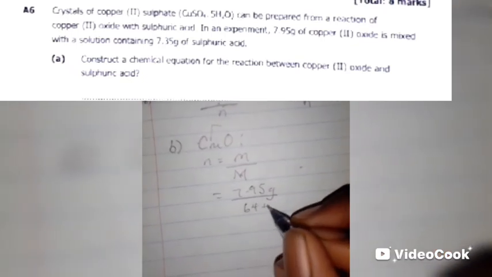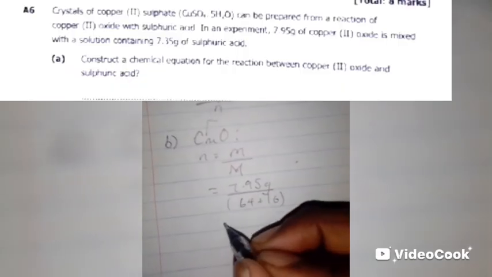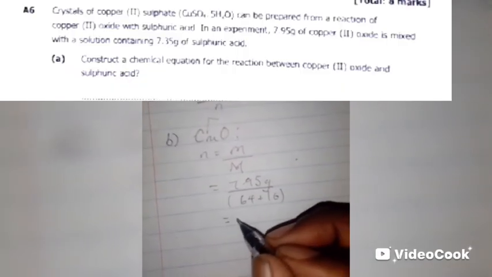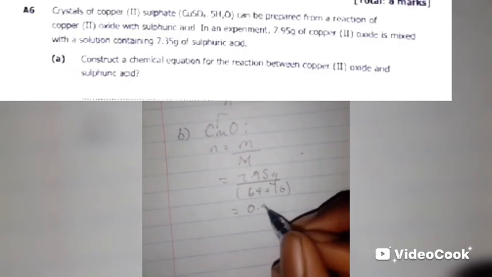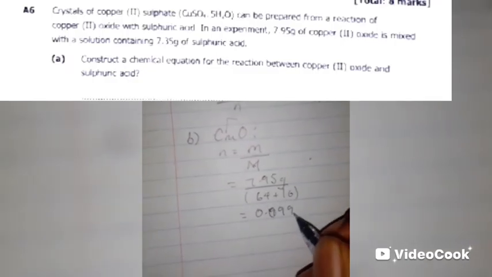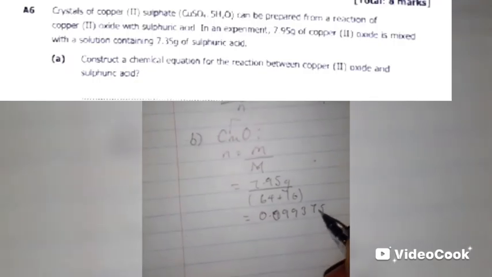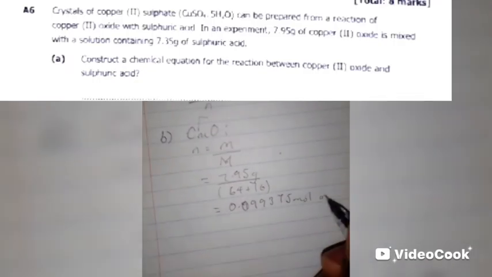What about the mass for oxygen? That's 16. And then if you plug this into a calculator, that's giving you roughly 0.9935375 moles of copper oxide.